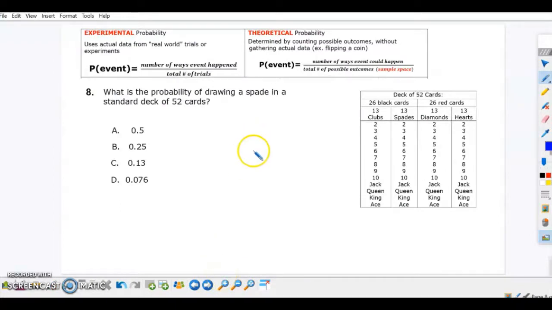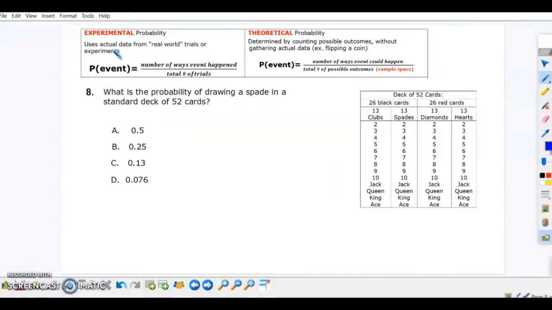Now we're going to look at what's called the theoretical probability. So we just looked at experimental probability, which is using actual data from an experiment. But the theoretical probability is where you're not using actual data, you're just thinking about theoretically what are the chances.